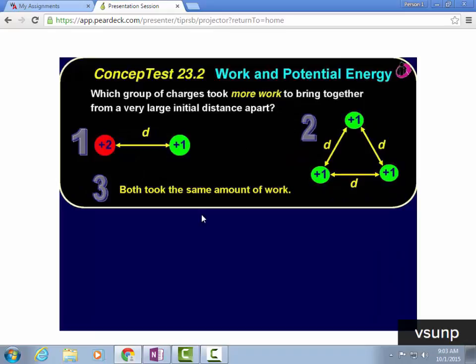All right. Which group of charges took more work to bring together from a very large initial distance? Oh, that's a sick question. Get some paper. Let's get some paper. Right.